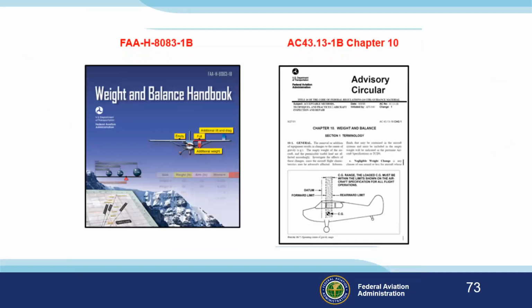Now, as a technician, you must update the weight and balance anytime you make a change to the weight and balance. Here are two really good references: the Weight and Balance Handbook and AC 43.13-1B that we looked at earlier. Chapter 10 has a really good section on weight and balance.